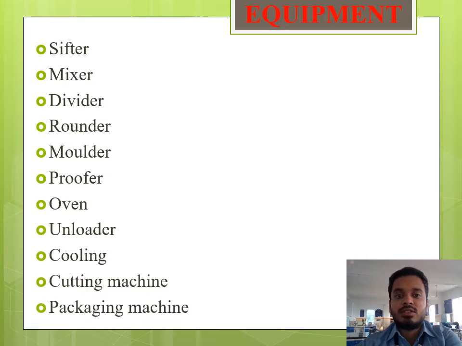The next one is mixer, and comes divider, then rounder equipment, then molder equipment, then proofer equipment, then the oven which is cooked, then unloader, after that cooling equipment which is used for cooling the after made bakery products, then cutting machine, and finally the packaging machine. So each equipment we will see in detail.